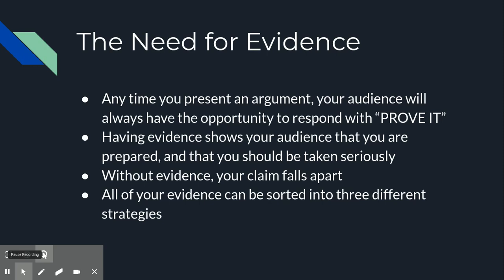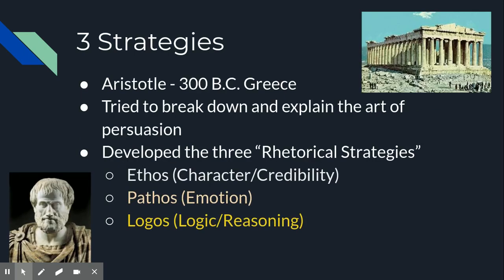Now, for evidence, we can sort that into a few different strategies. Now, these three strategies are not something new. In fact, these three strategies are over 2,000 years old. Aristotle, an ancient Greek philosopher, tried to break down and explain the art of persuading someone to think in a different way.